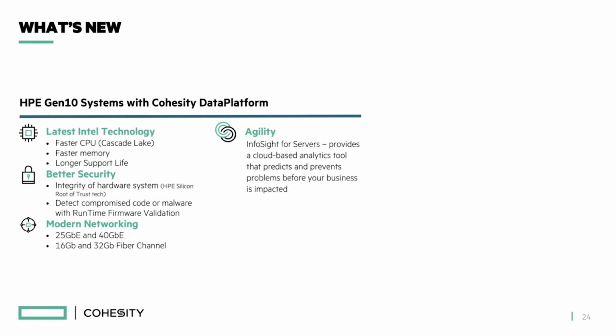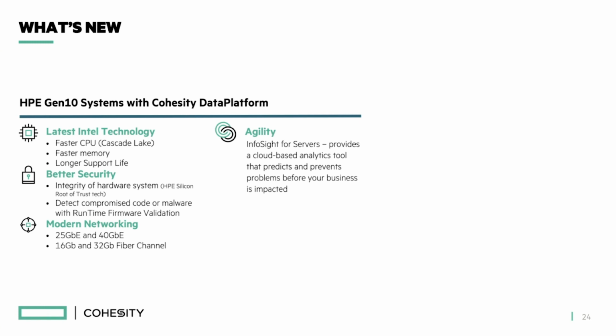All right, so what's new here in the actual platform from a hardware perspective? We're really excited because, with the HPE Gen 10 systems, we're moving to faster Cascade Lake processors. We've got faster memory. We've got longer support life, really better security. This is the differentiation from a hardware perspective that a lot of these things you're not going to get with non-HPE hardware.